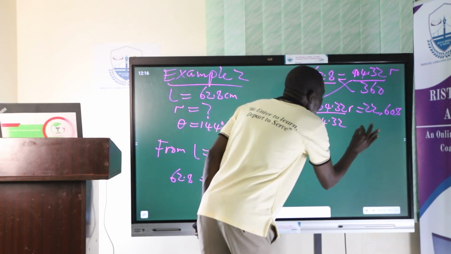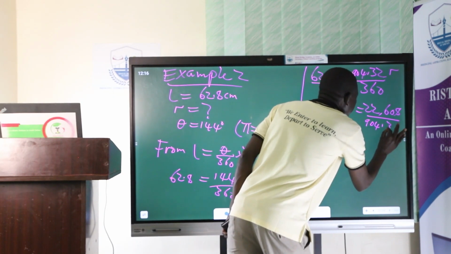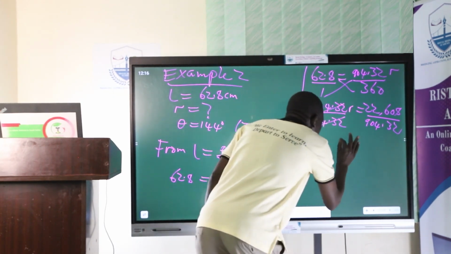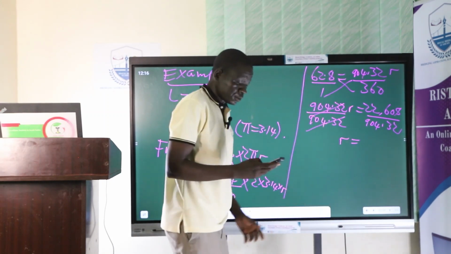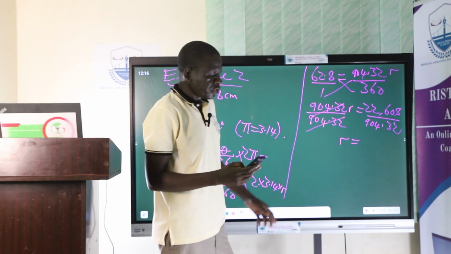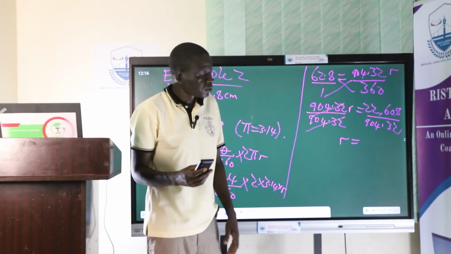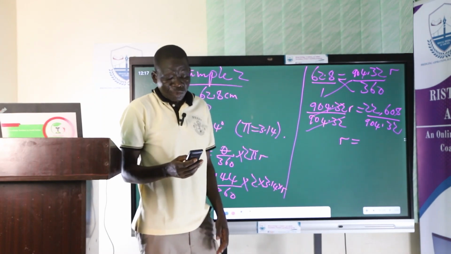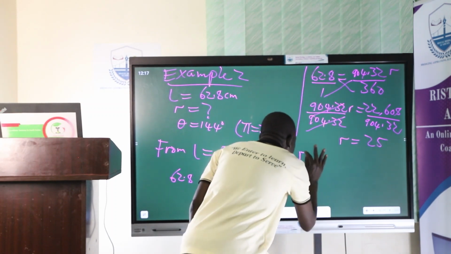We shall be left with r, which is equal to this one divided by 904.32. We find that we get 25. So therefore, the radius of the circle will equal 25 centimeters. So that one will be the answer.